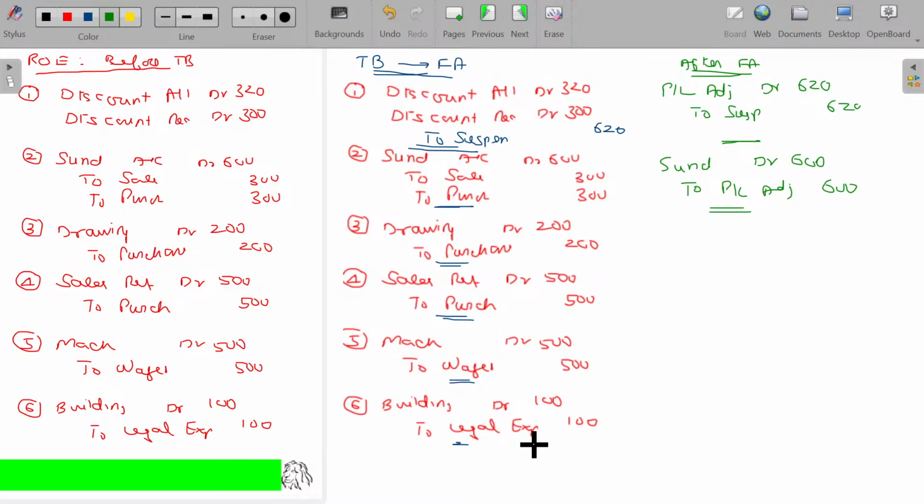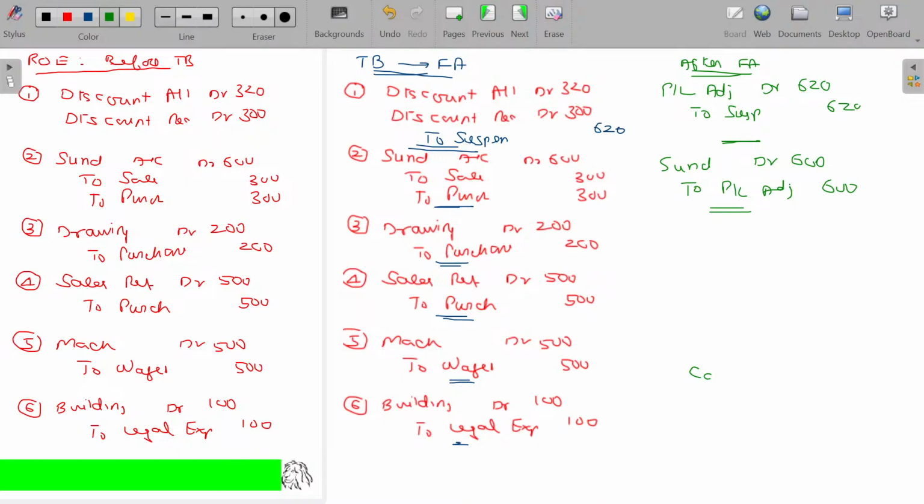Drawings is adjusted in which account? Capital account. So capital account debit to P&L account, otherwise no entry. Drawings is adjusted in the capital account, and the P&L account is also adjusted in the capital account. So in the capital account, 200 rupees debited and 200 rupees credited, then neutralized. We don't pass any entry.